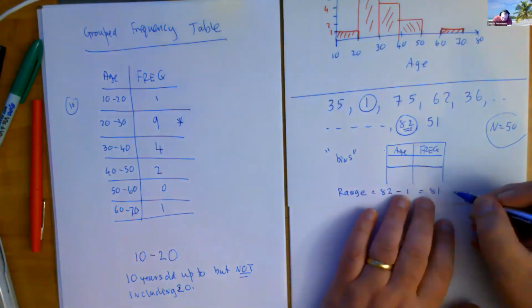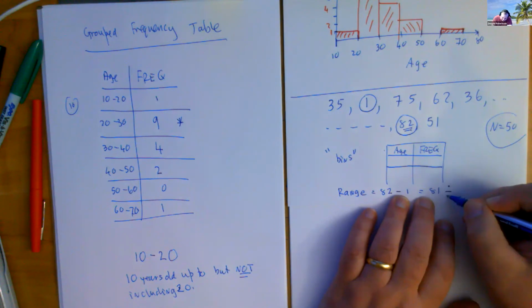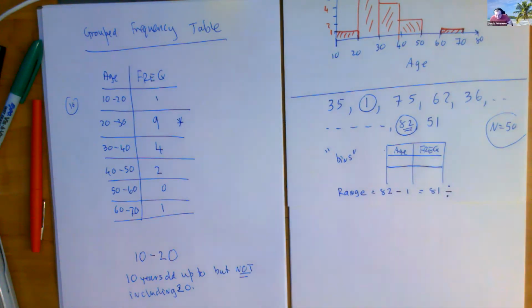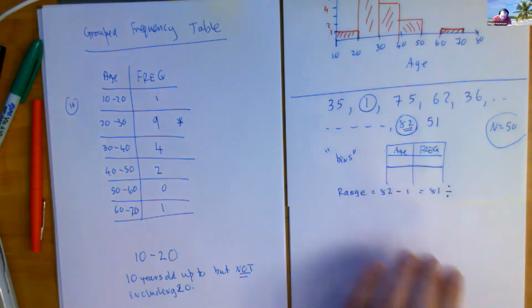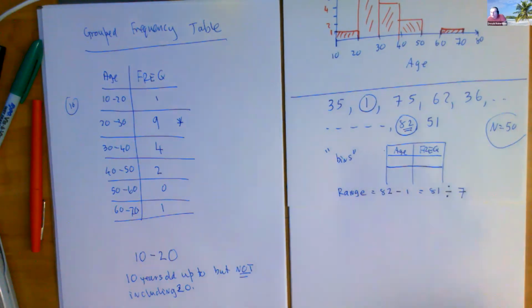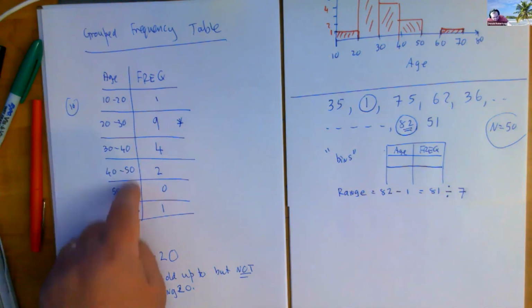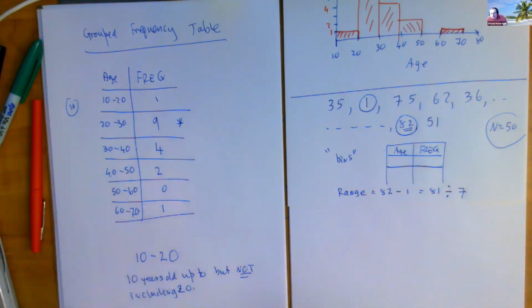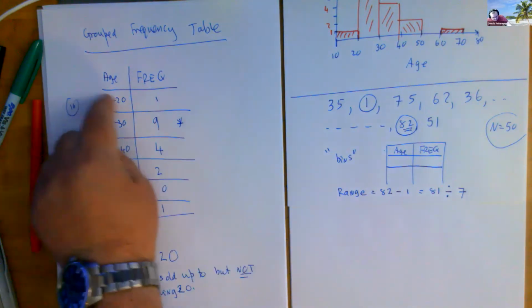Well, you take this guy and you divide it by roughly, very roughly, 7. Now you might think, what the heck is 7? 7 is just a made up number. We want a grouped frequency table to have roughly, very, very roughly, about 7 rows in it.